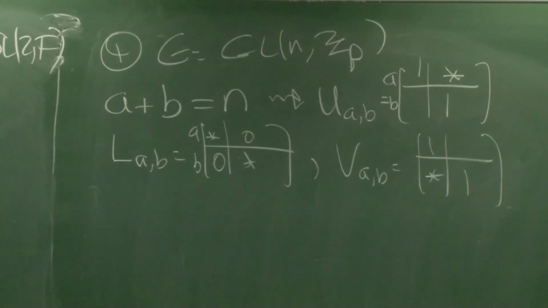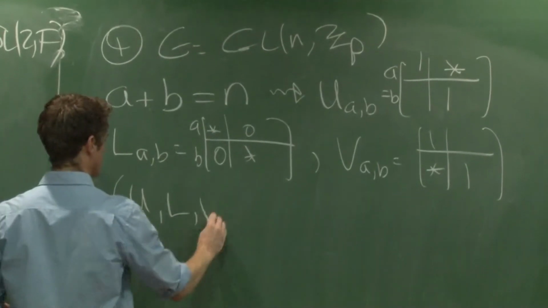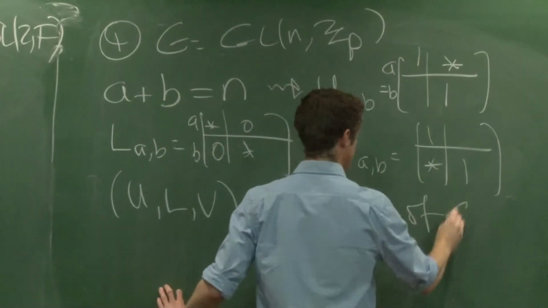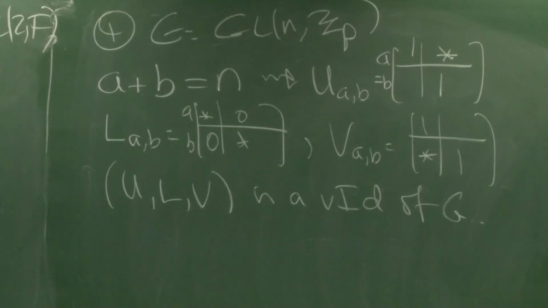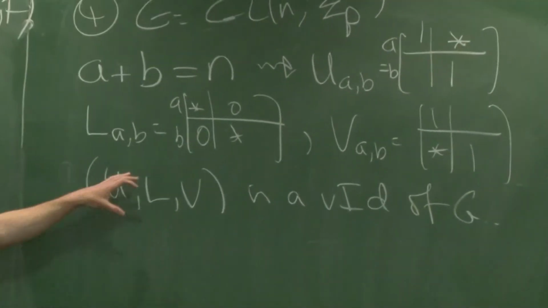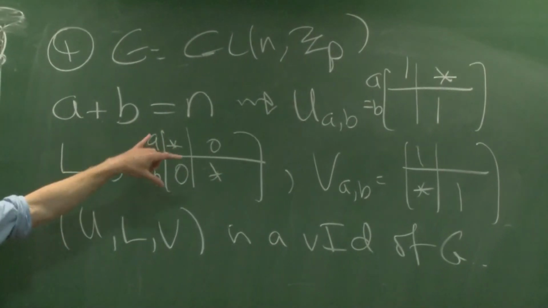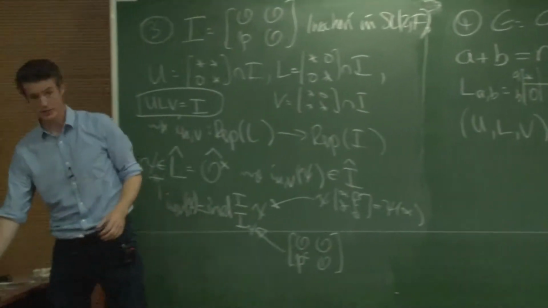These will be a virtual Iwahori decomposition of G. Okay, so we get induction and restriction functors from representations of this block diagonal subgroup, which is a product of smaller GLNs, up to the representations of G, exactly the kind of thing that I began by asking for.